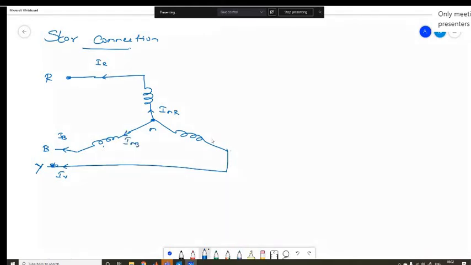So INB and then INY. And regarding the voltages, let's say between the neutral and R the voltage is VNR, between N and B the voltage is VNB, and between N and Y the voltage is VNY.